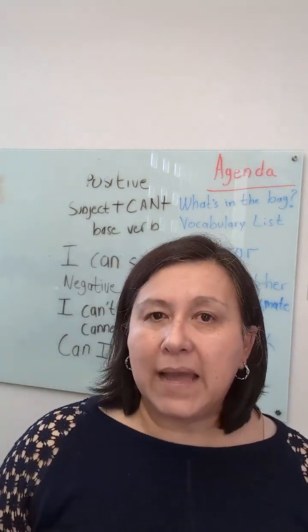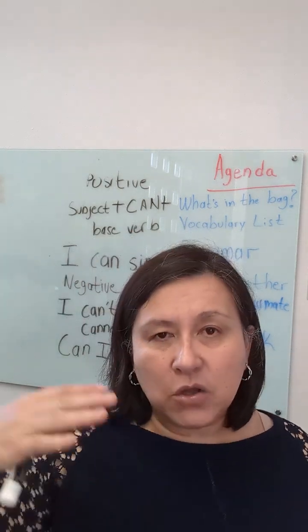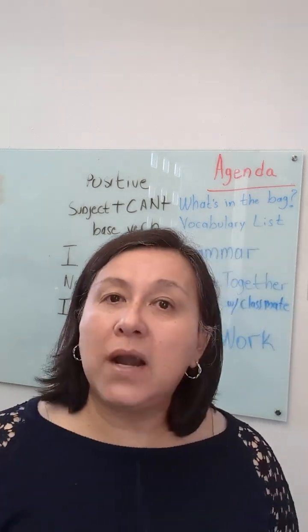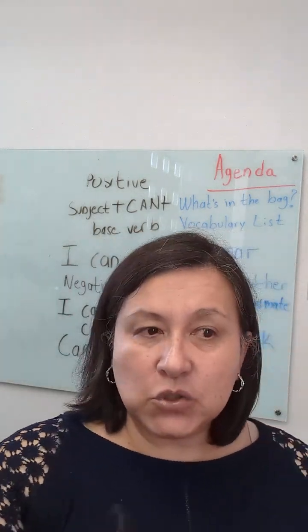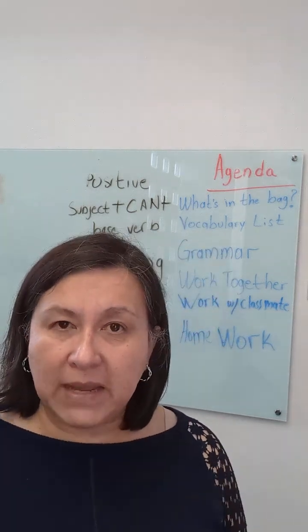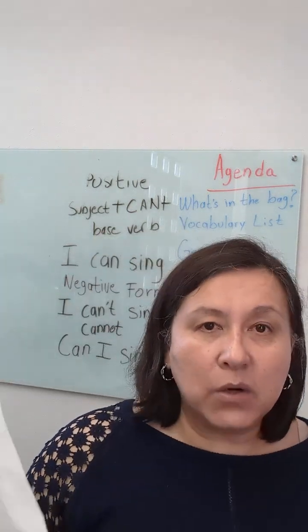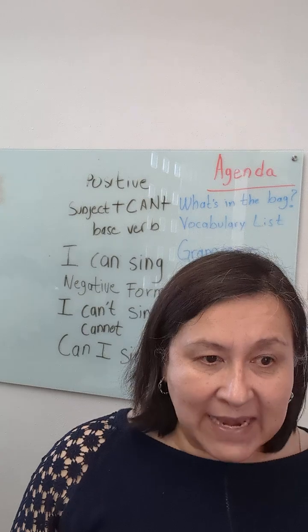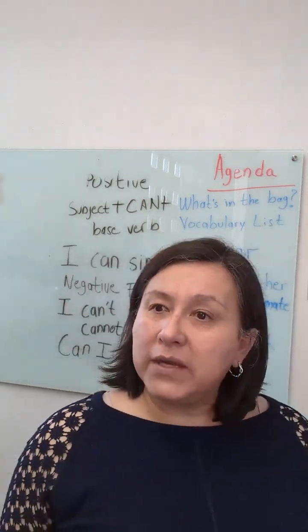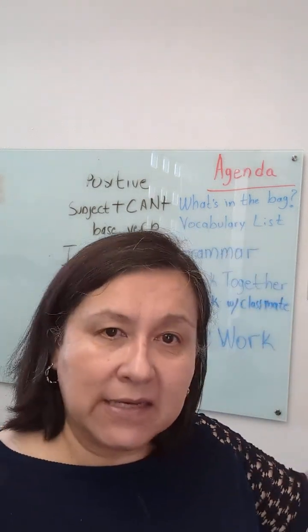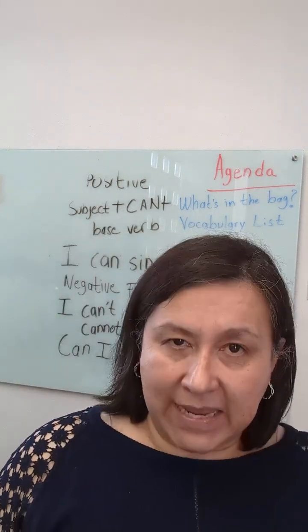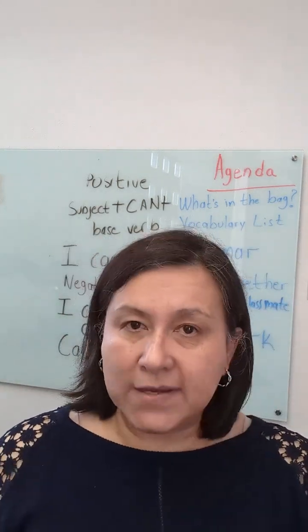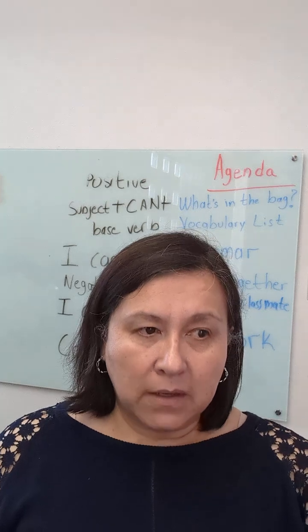Then we're gonna come back and we're gonna proceed with another exercise where you are going to ask your classmate some questions to get information using our new verb, can, and we are going to use it in positive, negative form, question form.